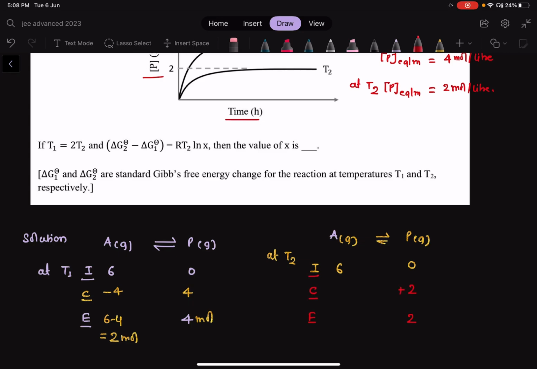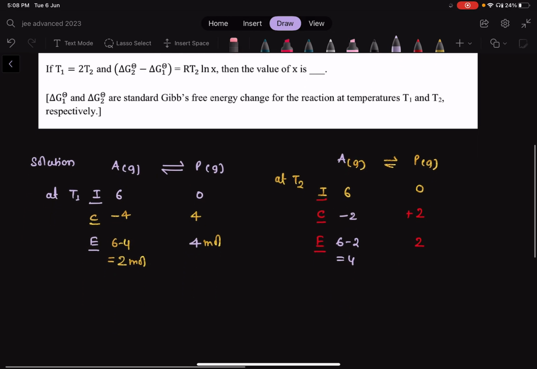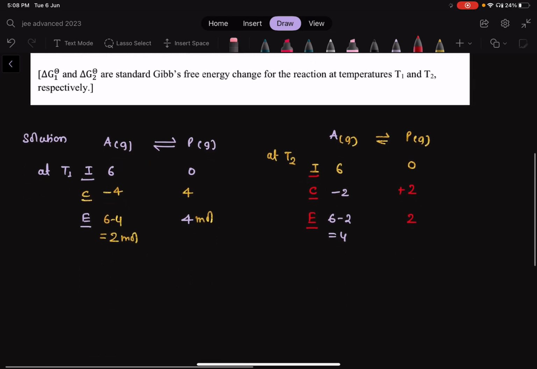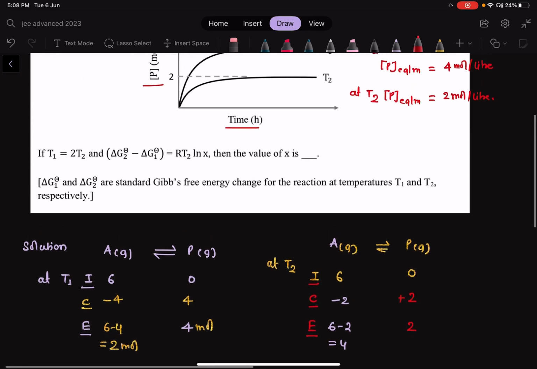C means consumed, I means initial, E means equilibrium. So if 2 moles of P has been produced, that means 2 moles of A will decompose. So at equilibrium we have 4 moles of A. Now we have determined the concentration of A and P at equilibrium.